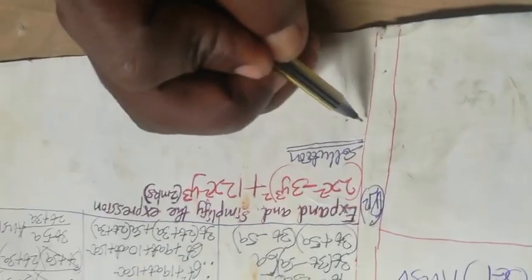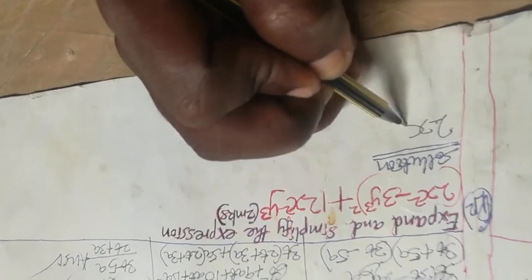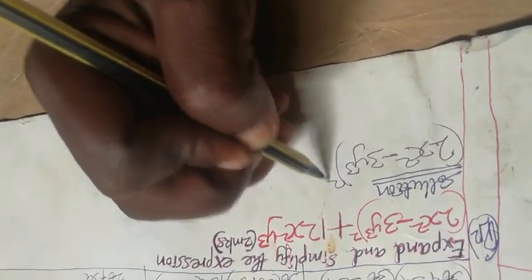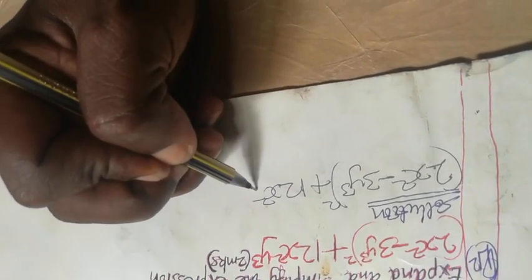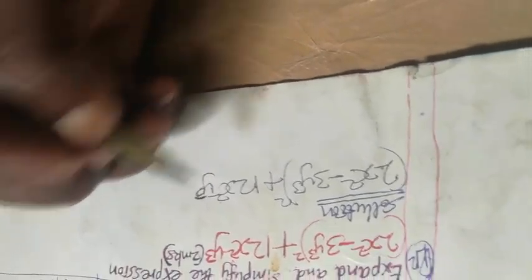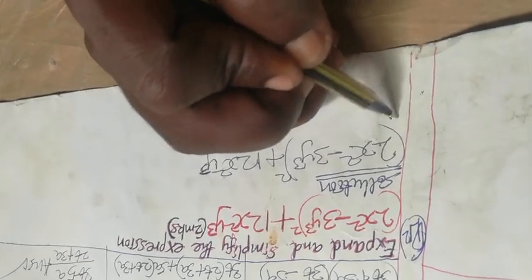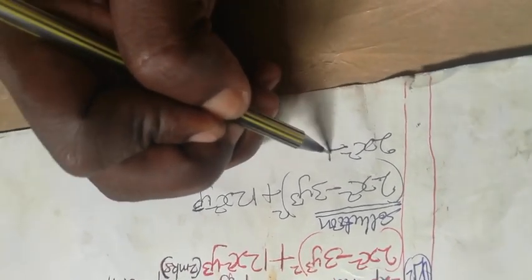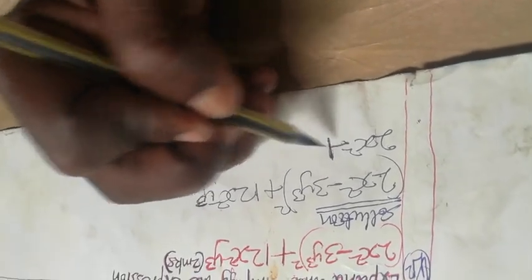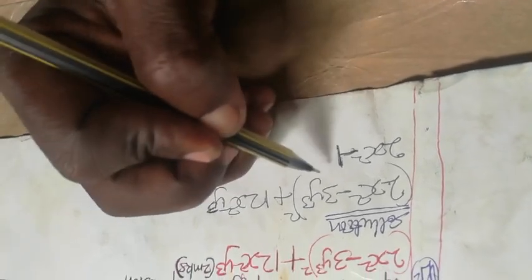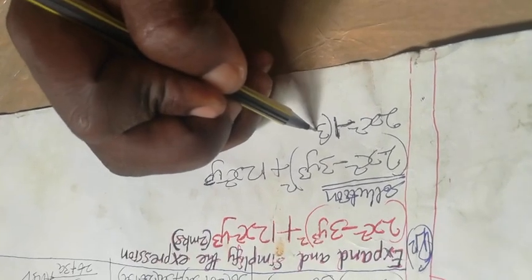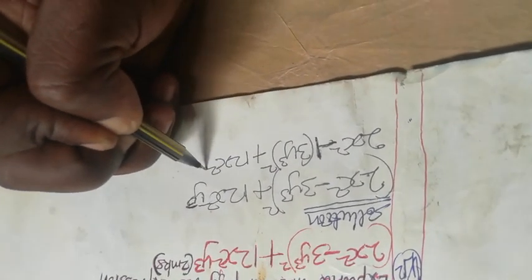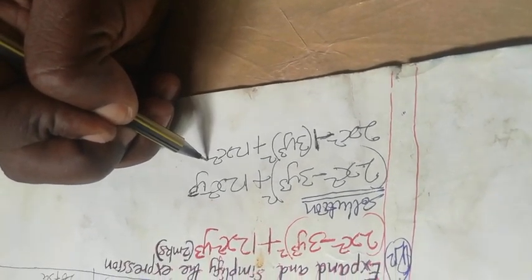Now we say solution. The solution to (x squared minus 3y cubed) all squared plus 12x squared times y cubed is equivalent to (x squared minus 1)(3y cubed) squared plus 12x squared times y cubed. Note the minus 1. You can look at my previous video, or ask me how I came with the 1.